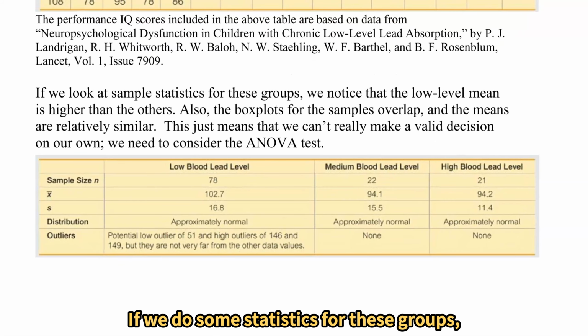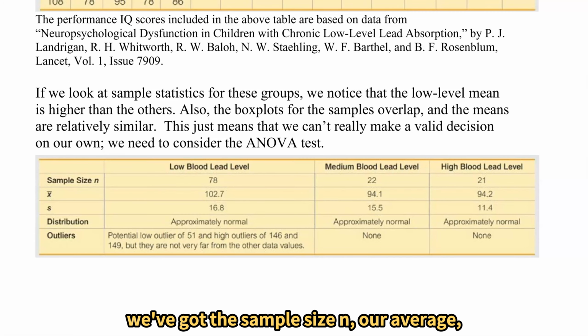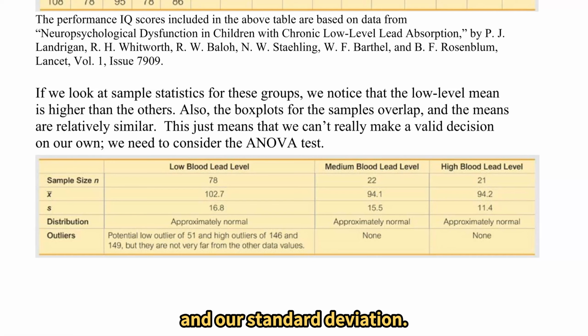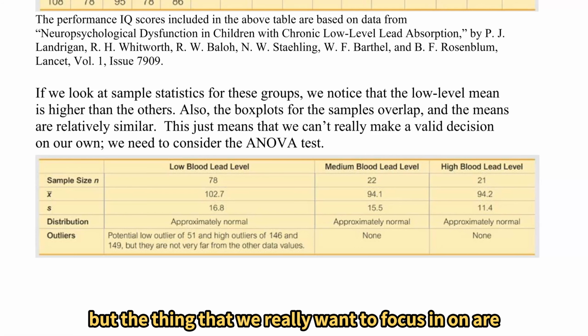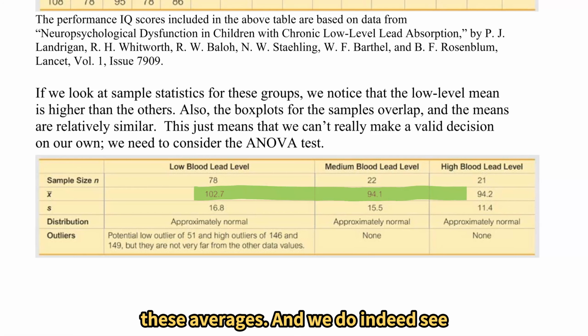If we do some statistics for these groups, we've got the sample size n, our average, and our standard deviation. We've got approximately normal distributions. There's an outlier potentially in the low blood level, but the thing that we really want to focus in on are these averages.